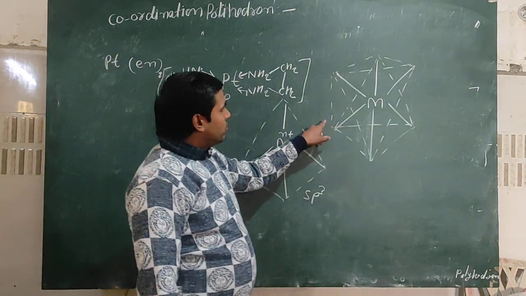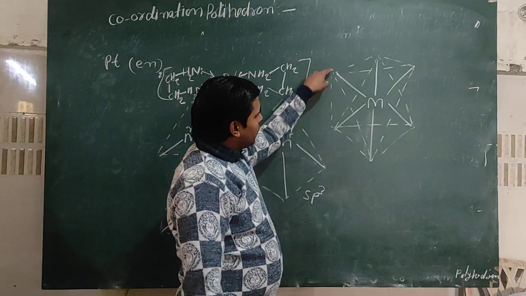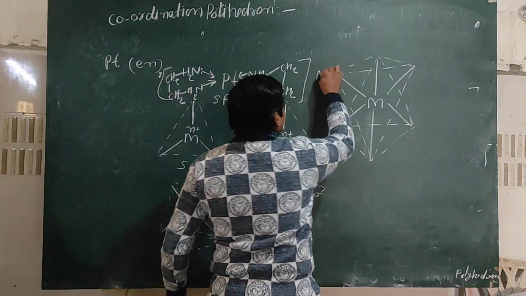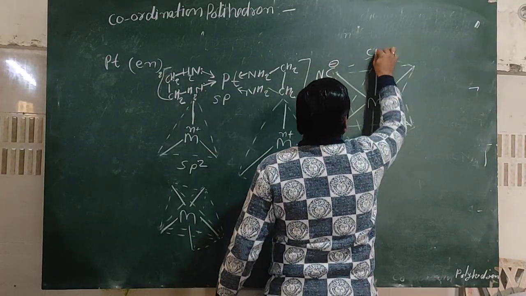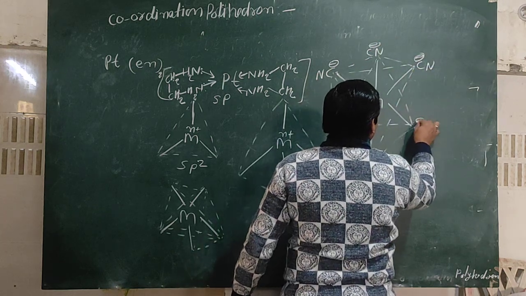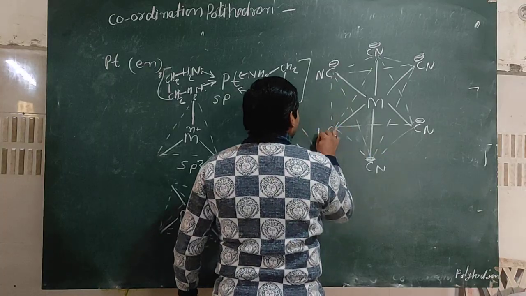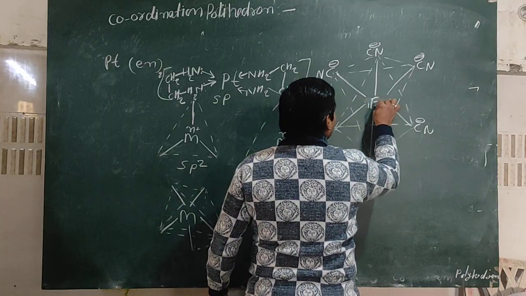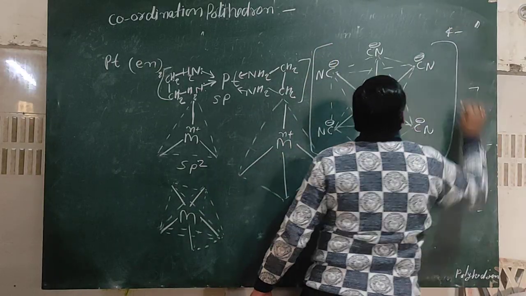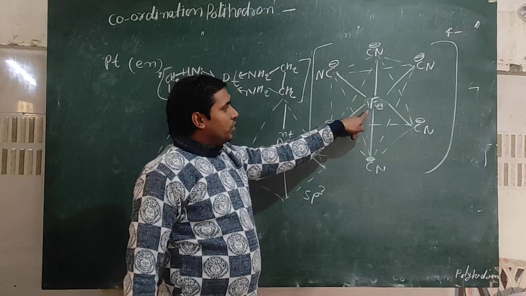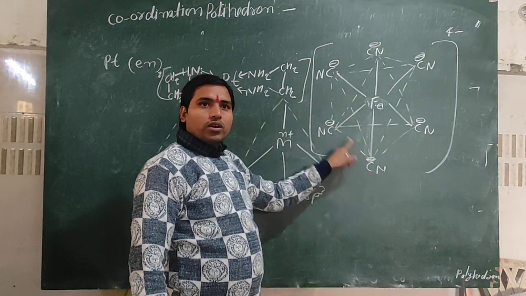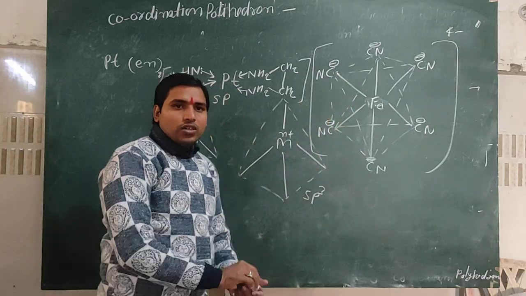When 6 ligands are attached, each corner has CN-, CN-, CN-, CN-, CN-, CN-, and it is Fe with 4 negative charge. In this complex, Fe is attached with the 6 cyano groups, therefore it shows octahedral structure.